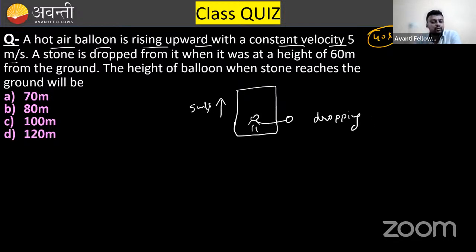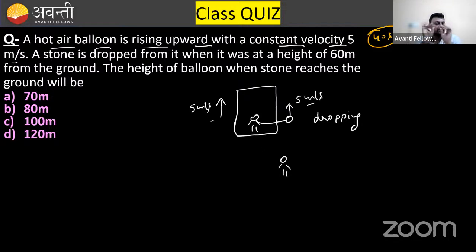When you drop the stone, if someone is standing outside and observing the motion of the stone, can you see that it is moving with the lift right now? So it has some velocity which is 5 meter per second.